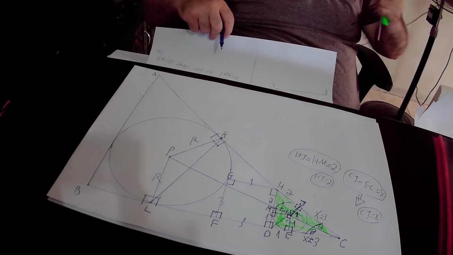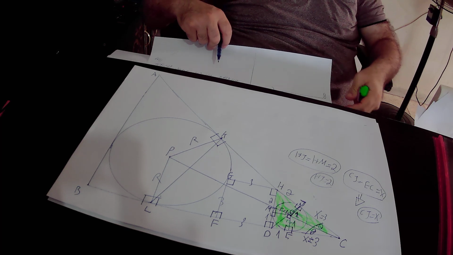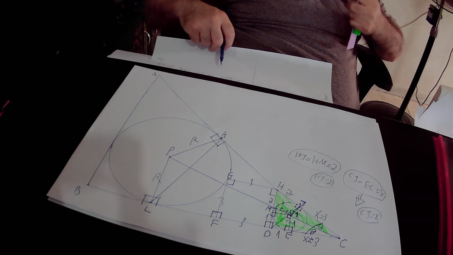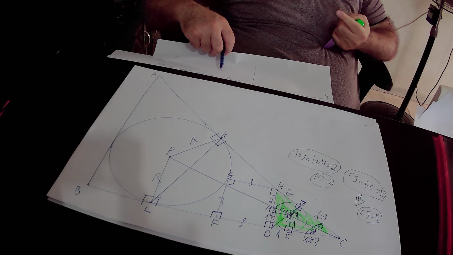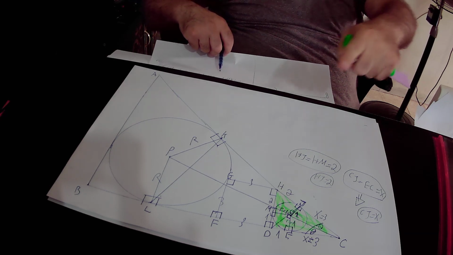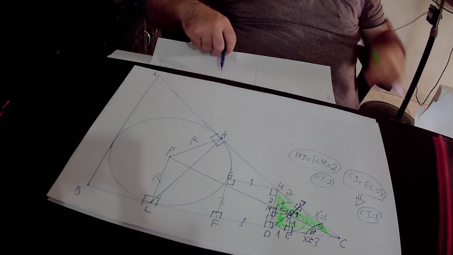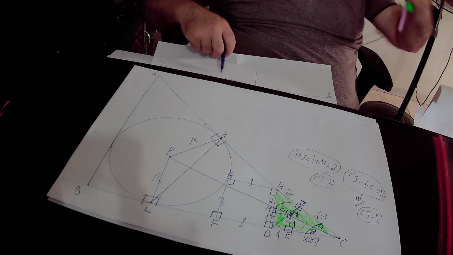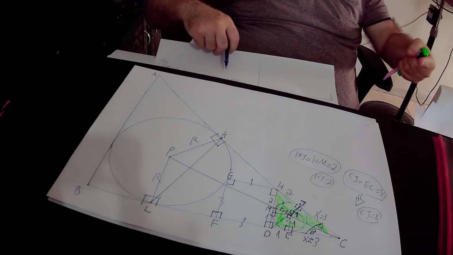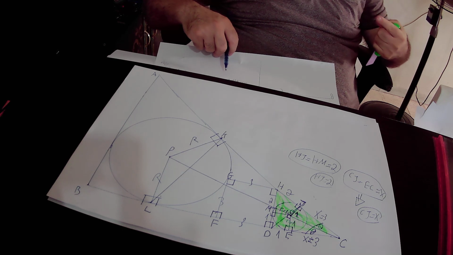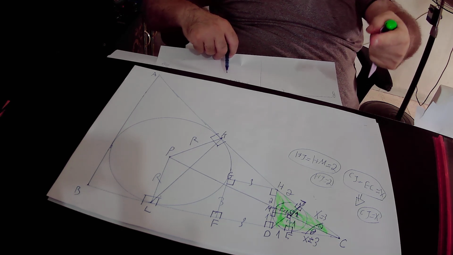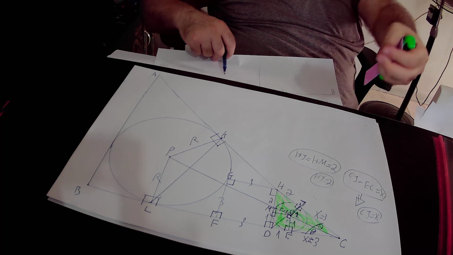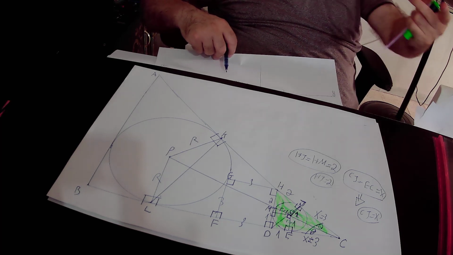So if we have two angles where one leg of each is located on the same straight line, in order for the two angles to be equal to each other, the second leg must also be located on the same straight line. Otherwise, the two angles will never be equal to each other.